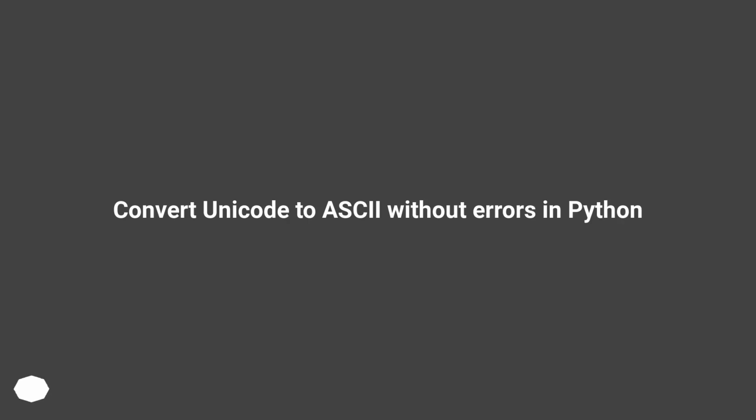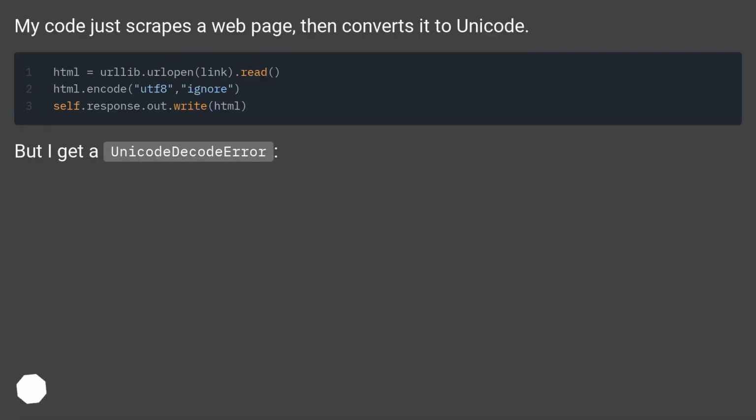Convert Unicode to ASCII without errors in Python. My code just scrapes a web page, then converts it to Unicode. But I get a Unicode error.